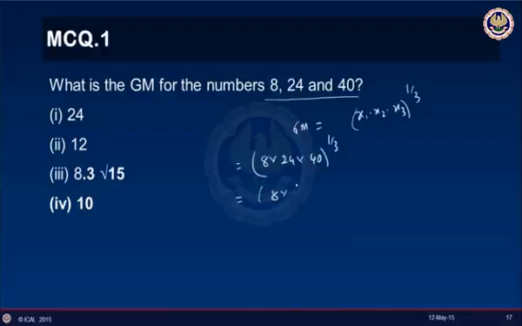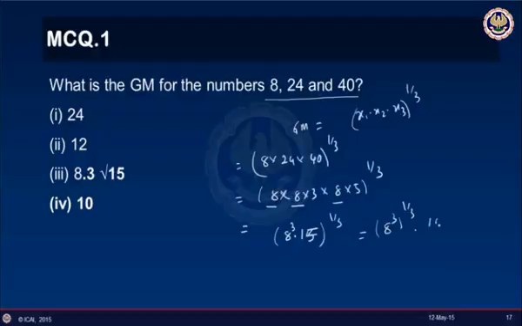I am simply writing 24 as 8 into 3, and 40 as 8 into 5, whole to the power of 1 by 3. Look, 8 has come 3 times, so 8 to the power of 3, and 3 into 5 is 15, whole to the power of 1 by 3. So 8 to the power of 3, whole to the power of 1 by 3, can be written separately, and 15 to the power of 1 by 3 can be written separately.